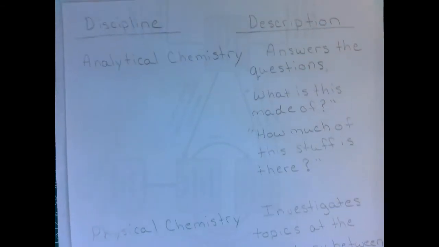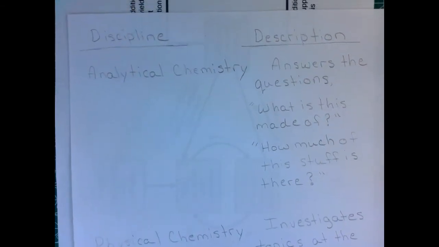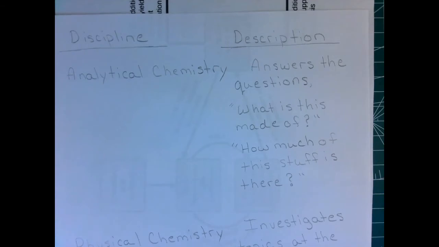The next field is going to be analytical chemistry, and this is pretty much exactly what you would think. It looks to answer the questions, what is something made of, and how much of this stuff is there really in it.